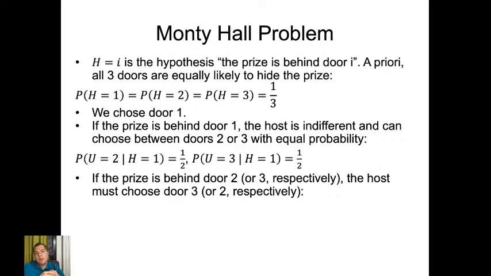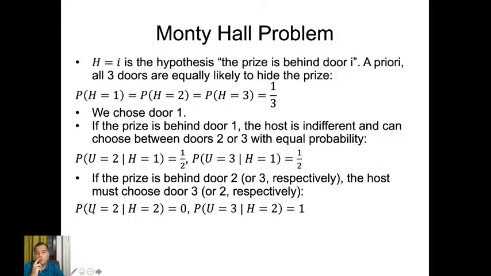Now the second case is if the prize is behind door number 2. Then the host must choose door number 3. He must choose the door that has the goat behind it, not the one with the prize, right? So now it has a bias. If the prize is behind door number 2, he will not open door number 2, he will open only door number 3.